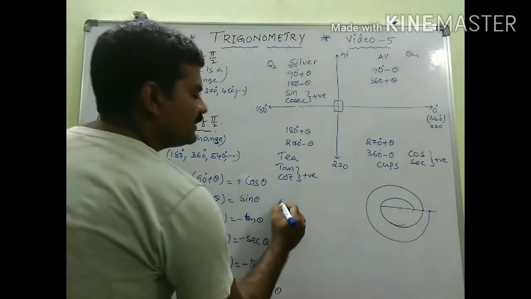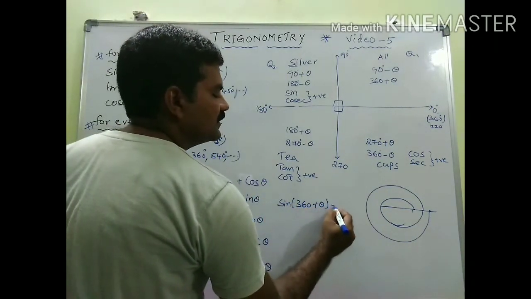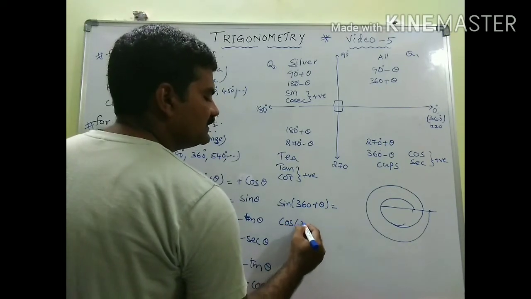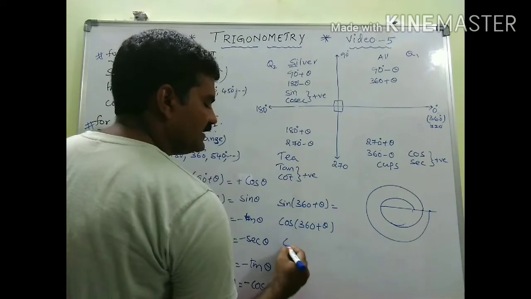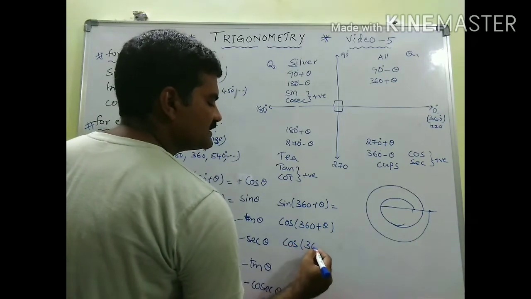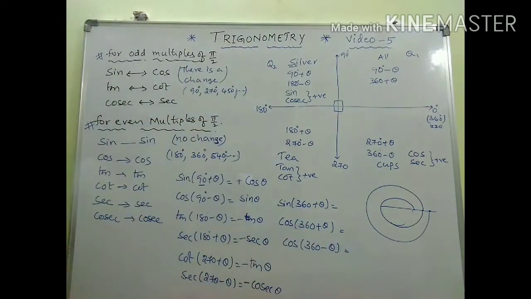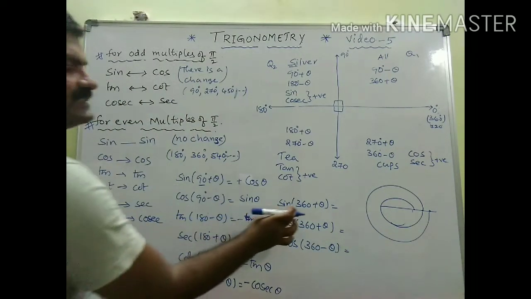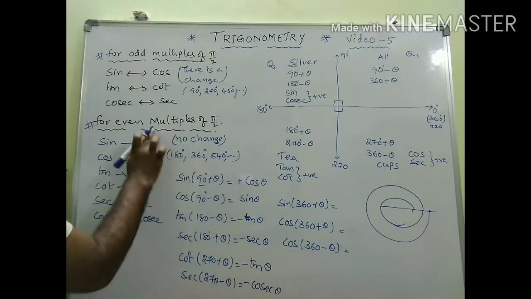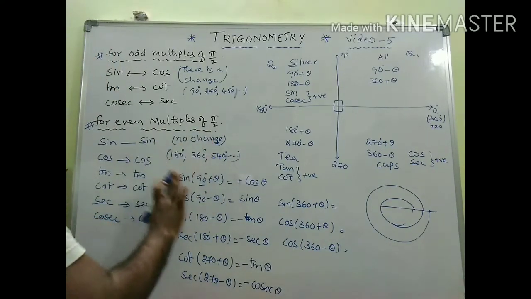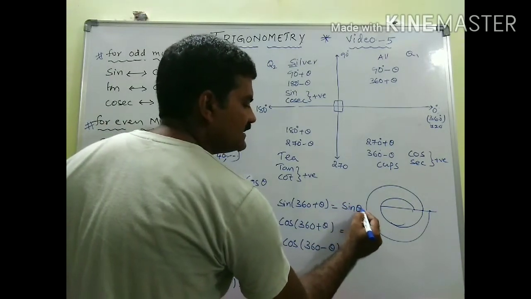For example, if I want sine of 360 plus theta, cos of 360 plus theta and even cos of 360 minus theta, with 360s. First, as I told you, 360 is an even multiple of pi by 2. Then there is no change. Hence it is sine, angle is theta.